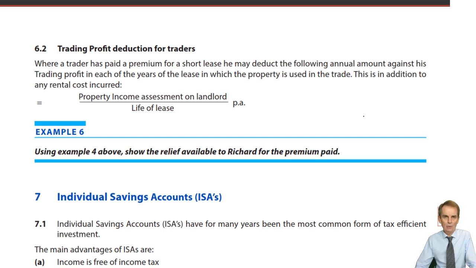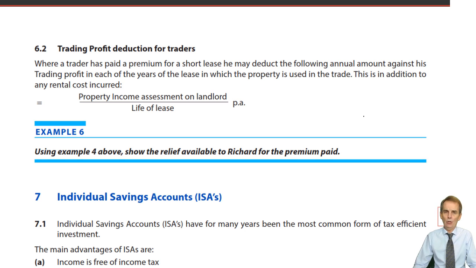It has to be adjusted. The financial accounting profit figure is not going to be the profit figure that ends up in an income tax computation as the assessable trading income. That exercise of adjustment of profits is something that will be tested on you in this exam in some way, shape or form, whether it's objective testing question or questions or part of a written question in section C.